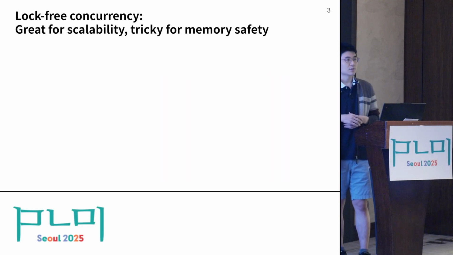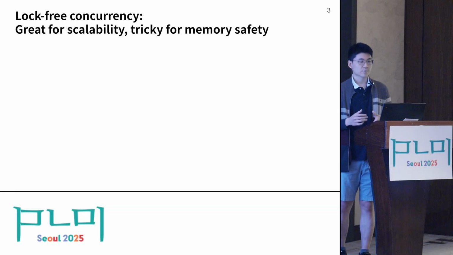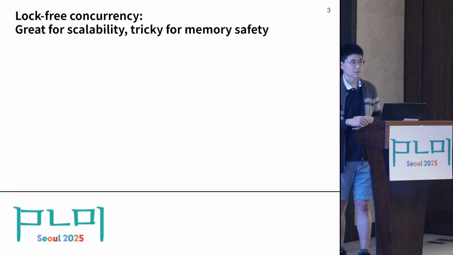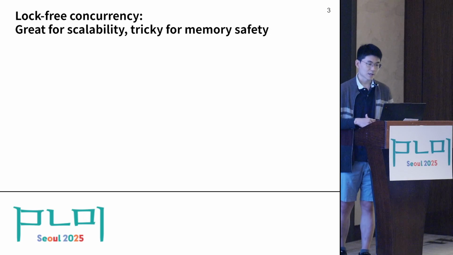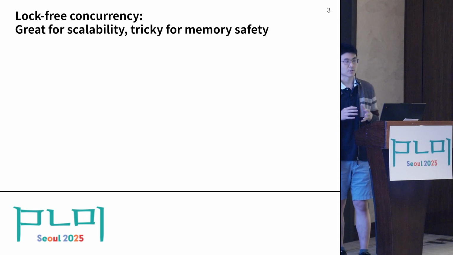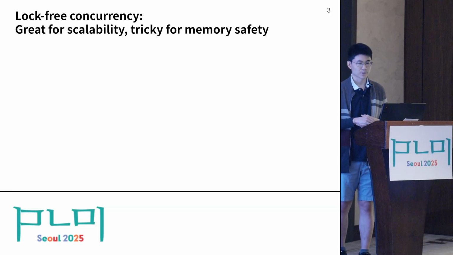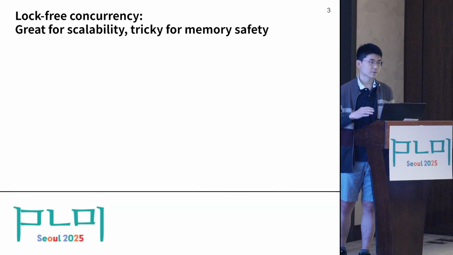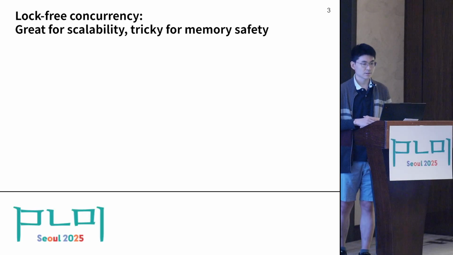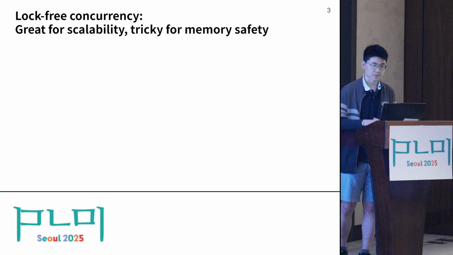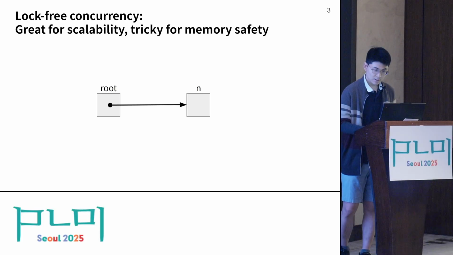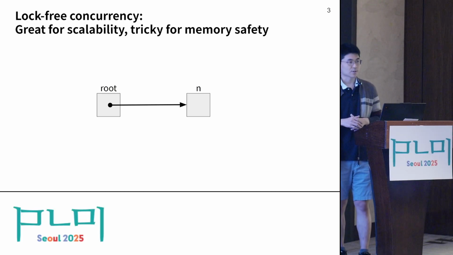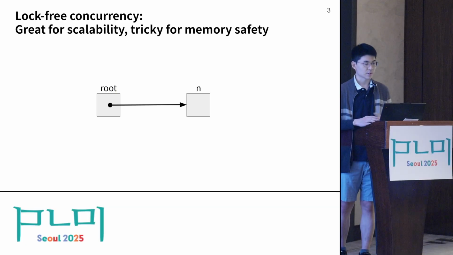To understand RCU, we first need to see why memory reclamation is a problem under lock-free concurrency. Lock-free algorithms share data without acquiring locks to avoid contention. This is great for scalability, but it creates a problem for memory management. For example, let's consider a shared data structure with a root node and a data node n.